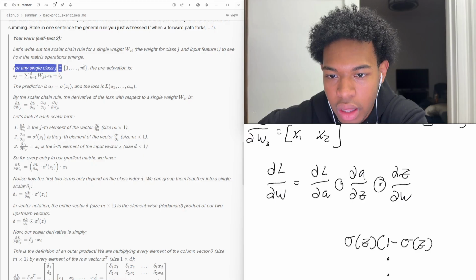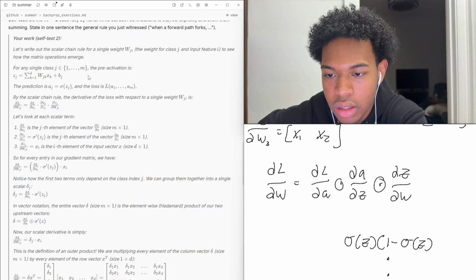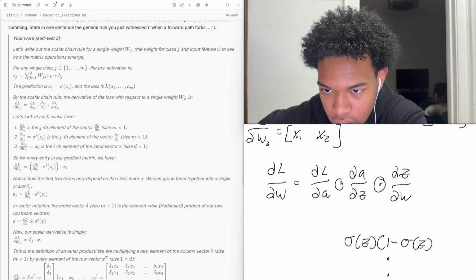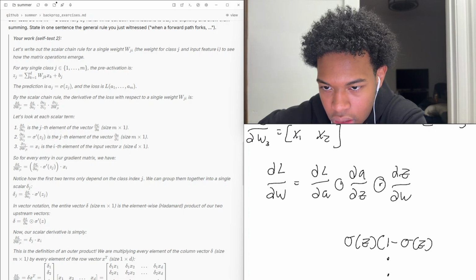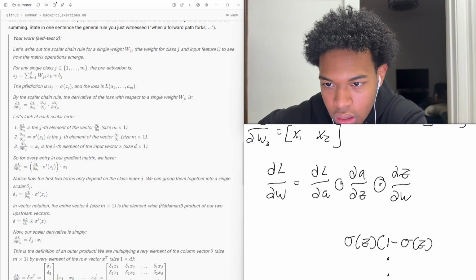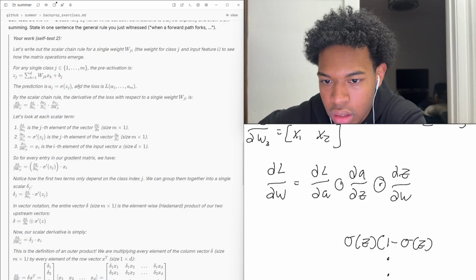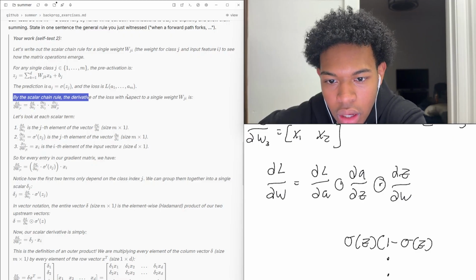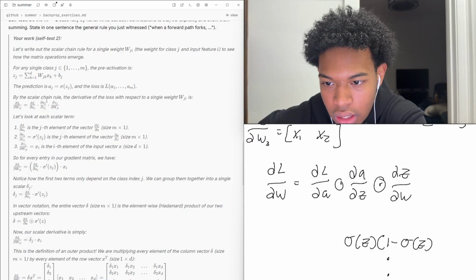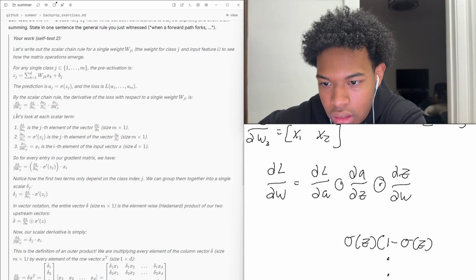For any single class, the pre-activation is z_j. Then the prediction and the loss. The loss is across all of them. By the scalar chain rule, the derivative of the loss with respect to a single weight is the product of these terms.